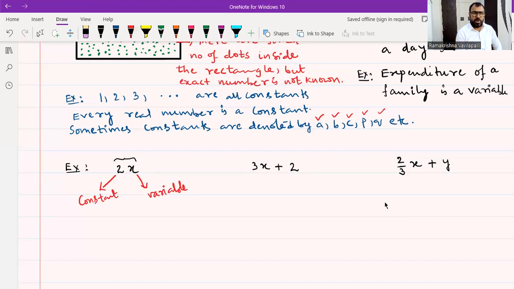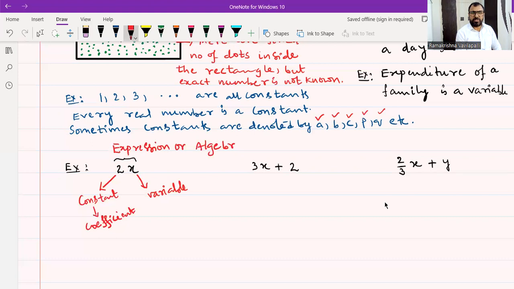So this we call a coefficient. So if we multiply variables with numerical values or constants, then we get an expression. So this is called an expression, or you can say an algebraic expression.